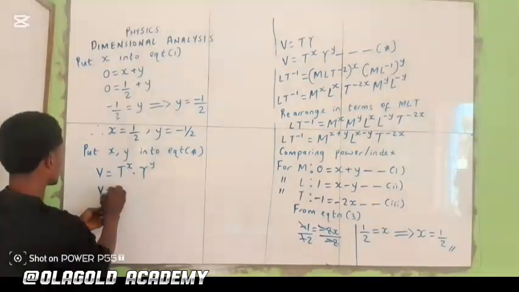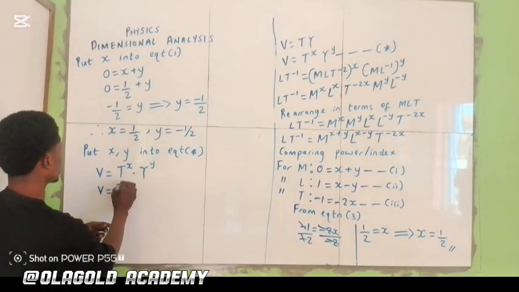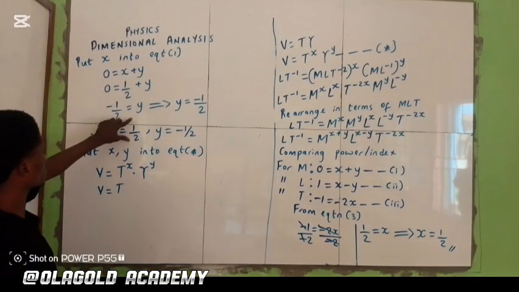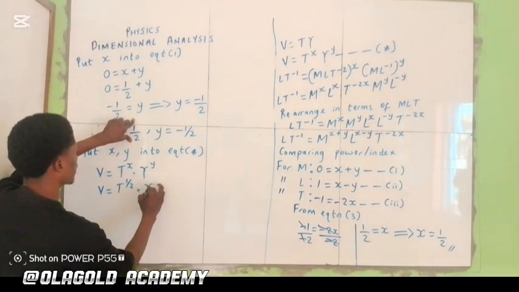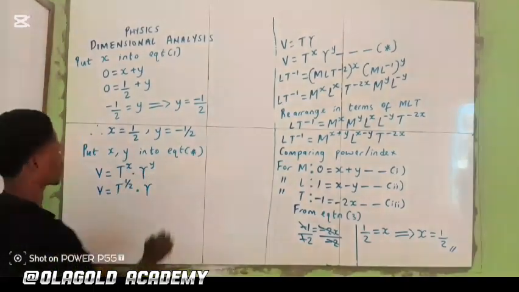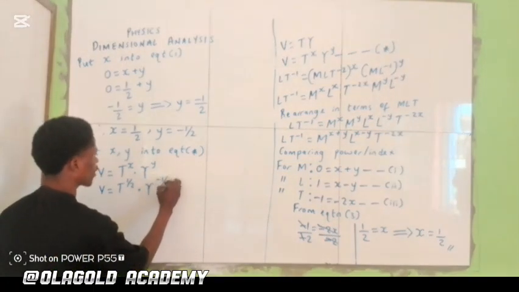So our v now equals our t raised to the power of x, our x is now 1 over 2, dot gamma, which is raised to the power y, which is minus 1 over 2.